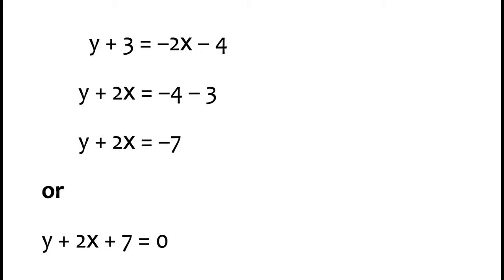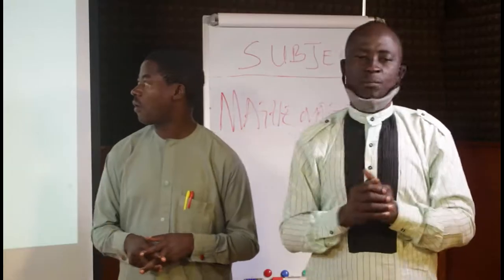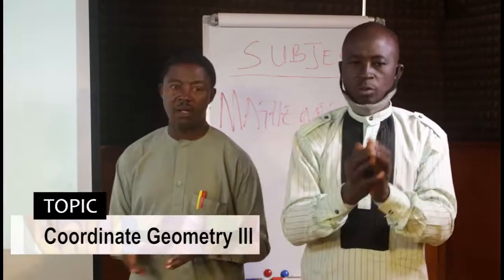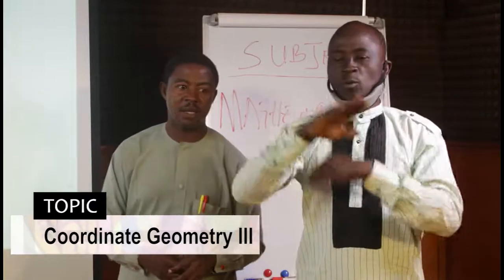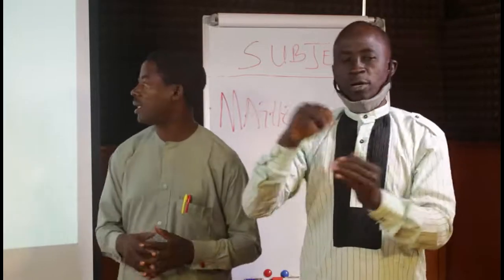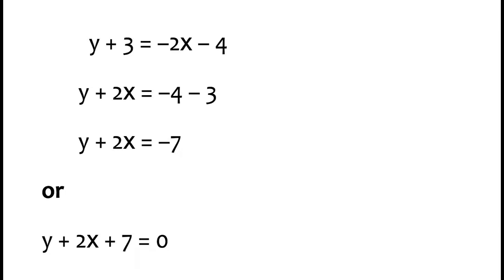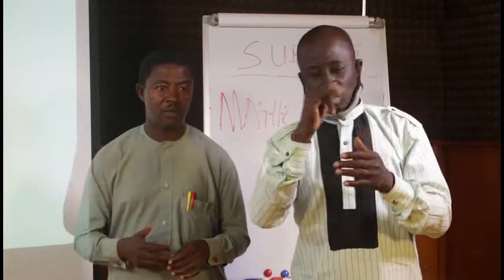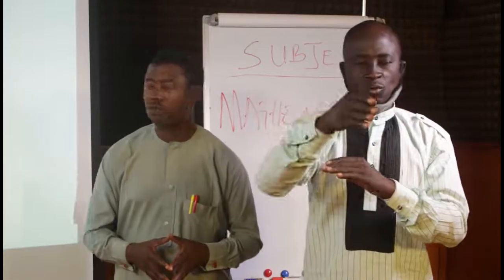So collecting like terms, all the variables to the left hand side and the constant term to the other side. So we have y plus 2x, because minus 2x cross equality sign become plus 2x.